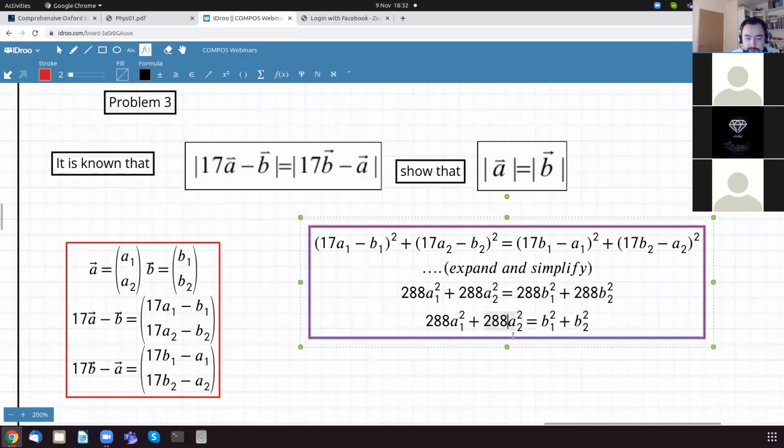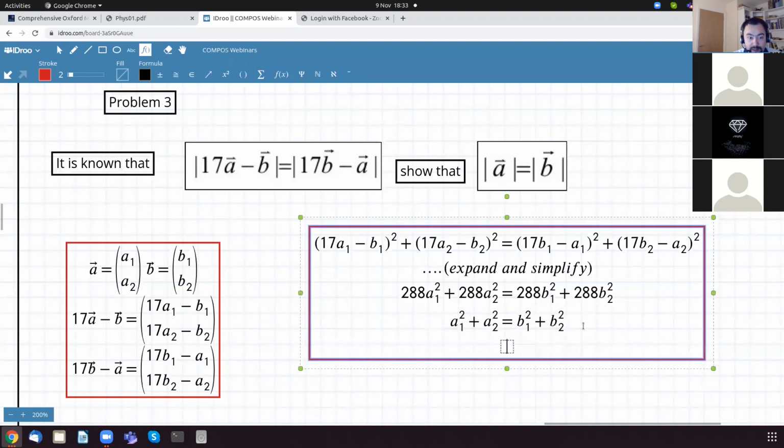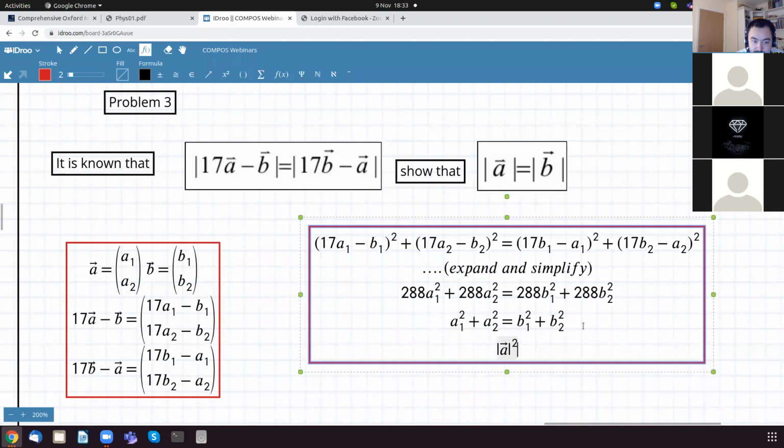And you get this, and this is exactly a1 squared plus a2 squared, that's exactly the modulus of a, well, technically squared.